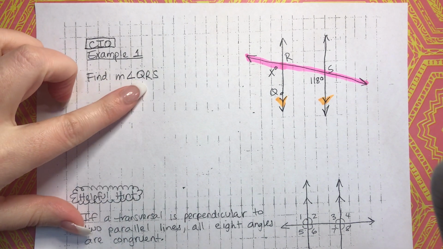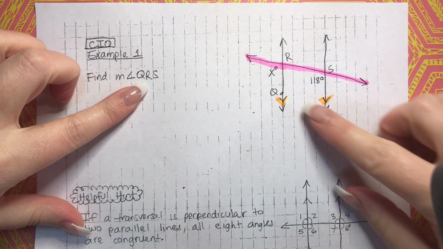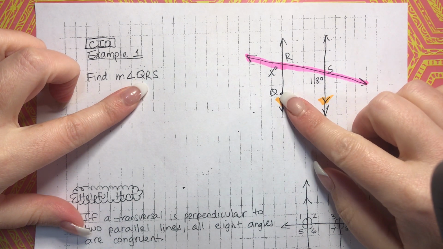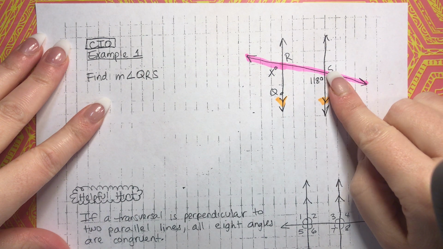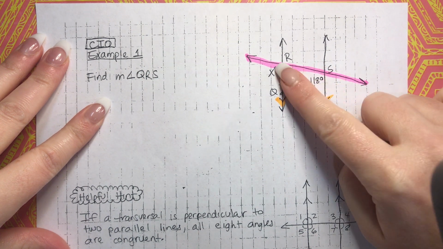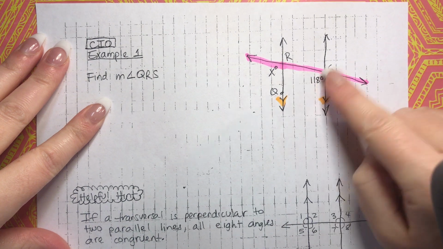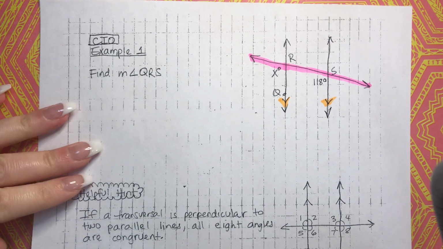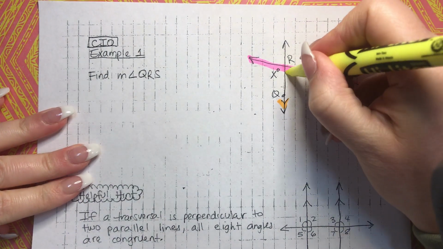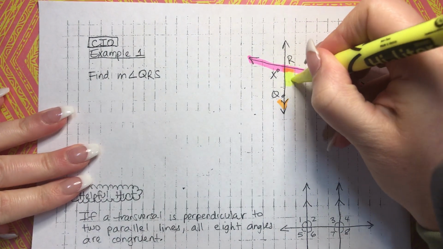So the measure of angle QRS, where is that? QRS is right here. So that would be this angle here. This is the angle that we need to figure out.